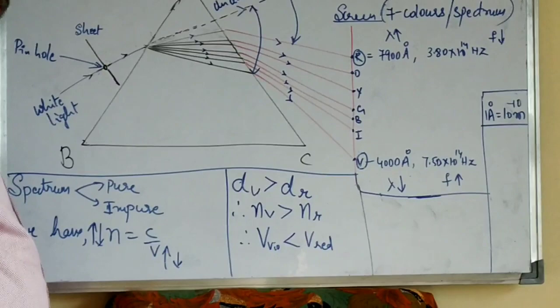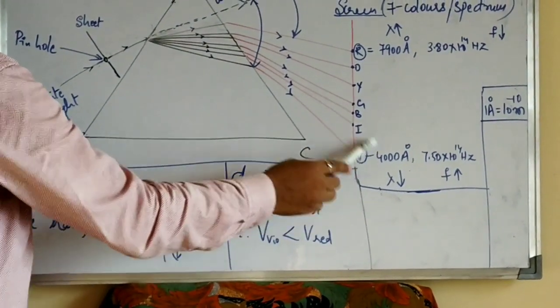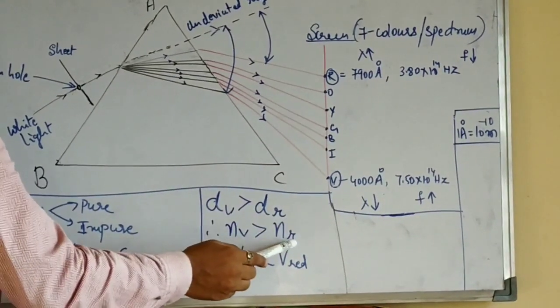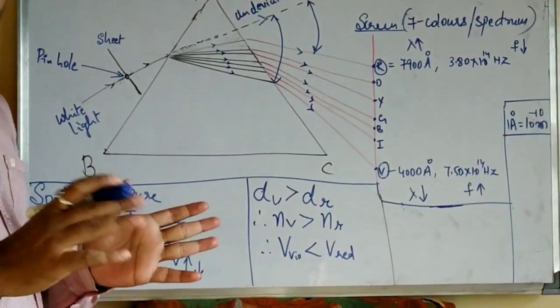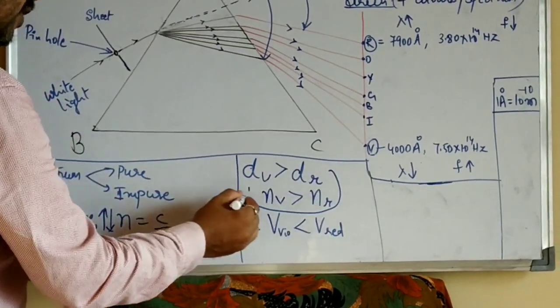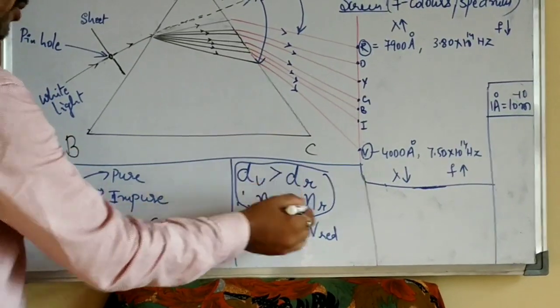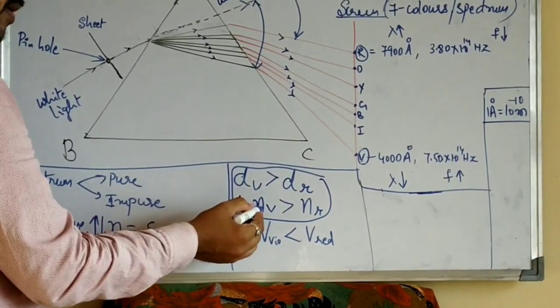Therefore, the refractive index of violet is greater than the refractive index of red. So angle of deviation is directly proportional to the refractive index. More the deviation, more will be the refractive index.